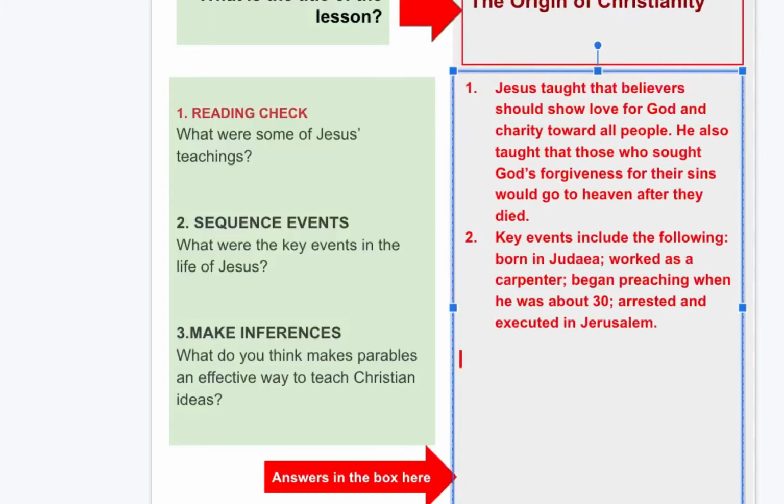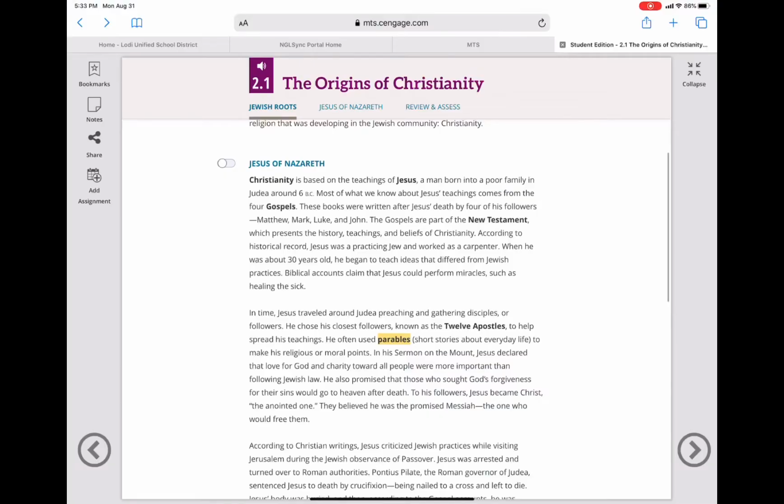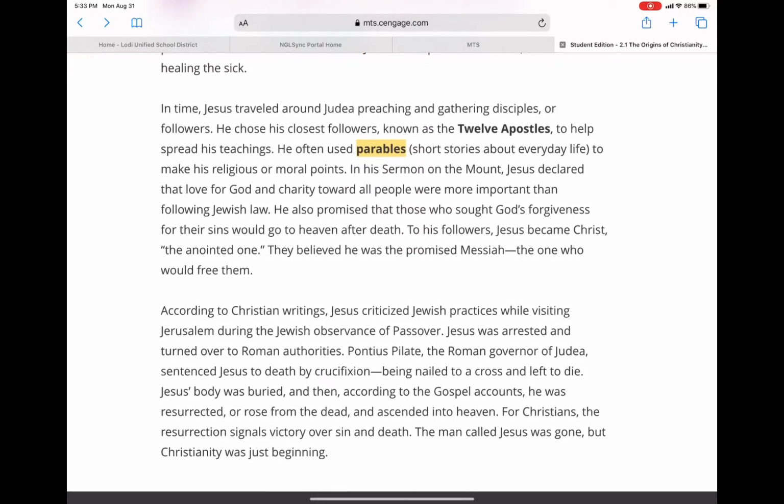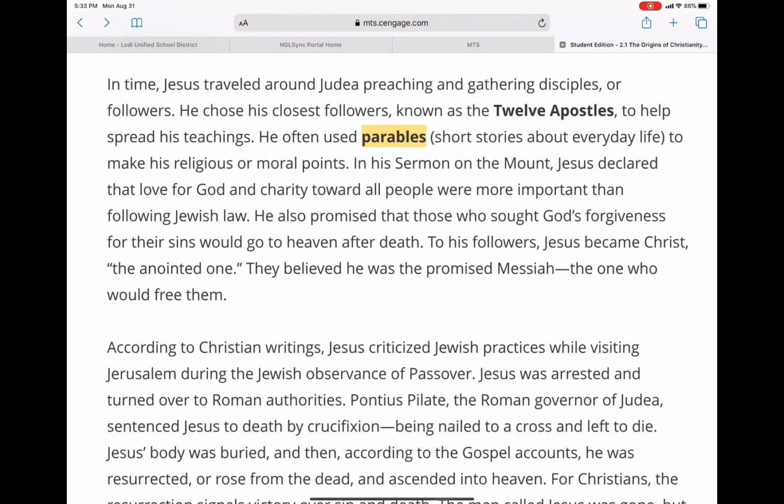Now, the question is, what do you think makes parables an effective way to teach Christian ideas? Again, go back to the book, and here you will find the word parables highlighted. Parables are short stories about everyday life. These are short stories with good lessons behind them.